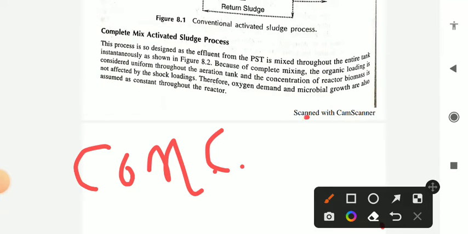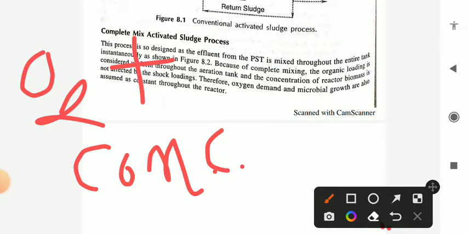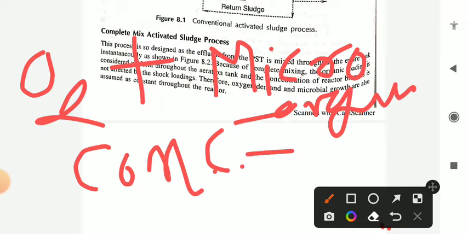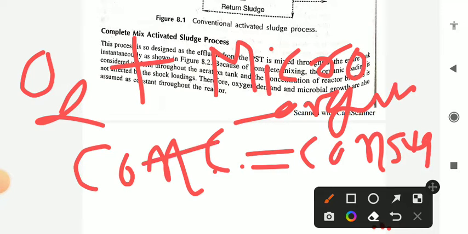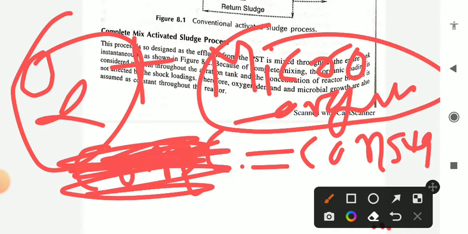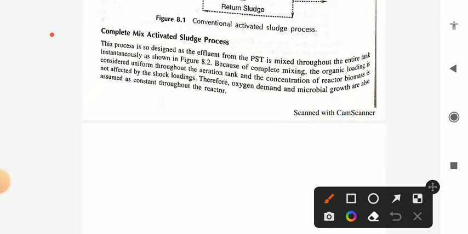Therefore, the oxygen demand and microorganism growth are also assumed constant. So oxygen demand and microorganism growth are constant in the case of the complete mix activated sludge process, right?